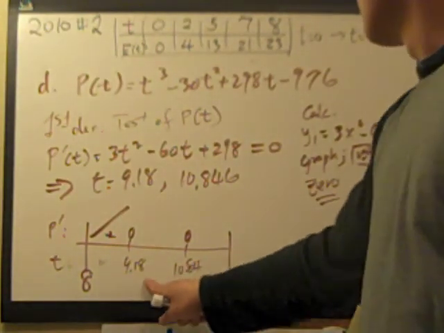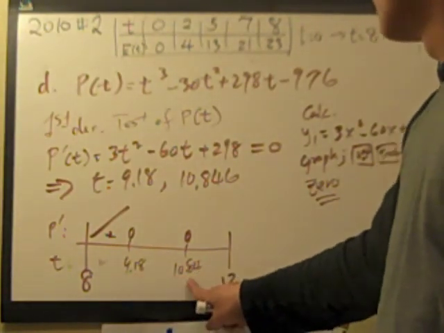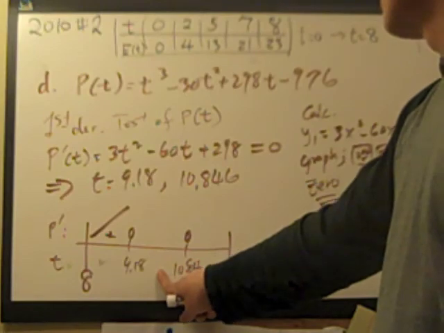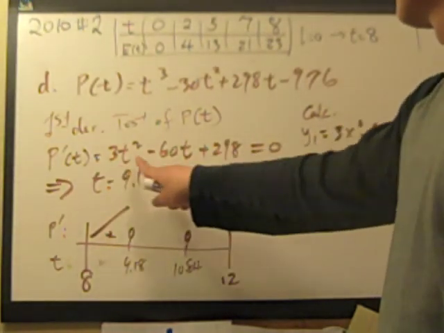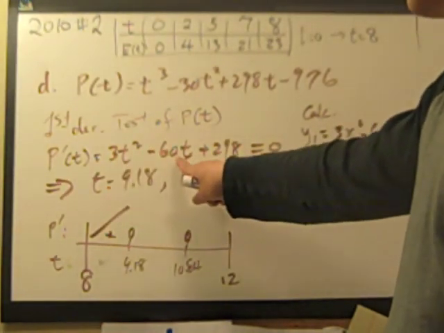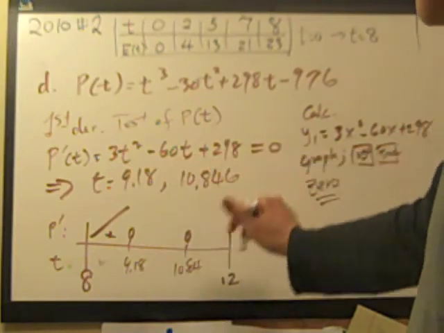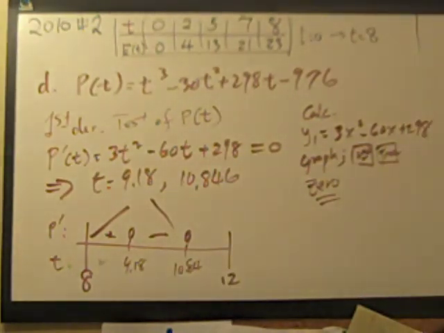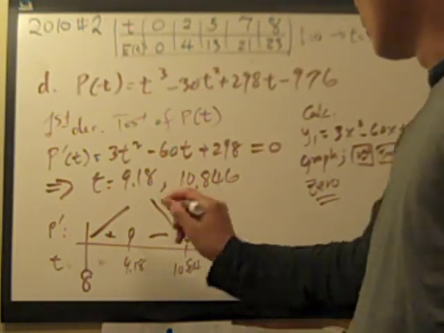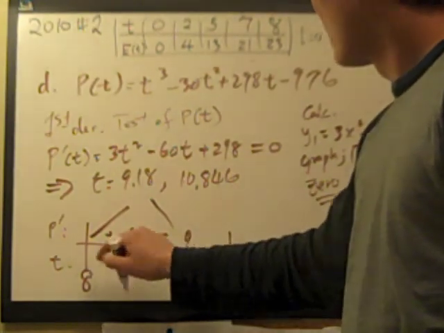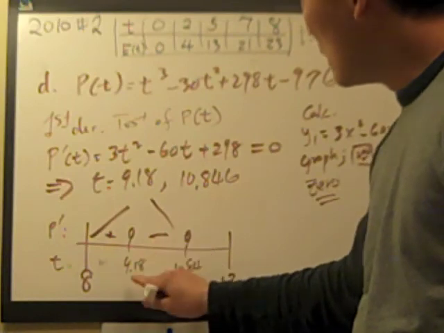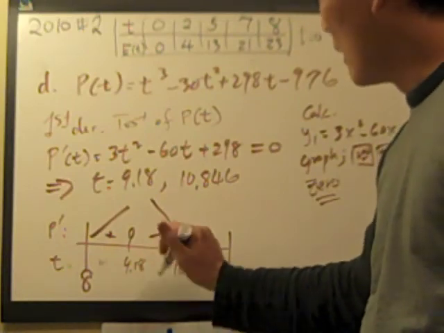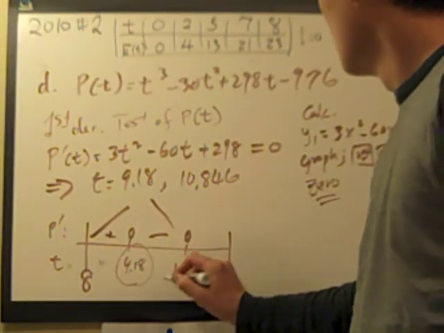Between 9.18 and 10.84, pick 10, for example: 3 times 10 squared minus 60 times 10 plus 298, you should get a negative value. Now, you don't really have to finish this. You now know that t equal to 9.18 is going to give you the maximum rate.